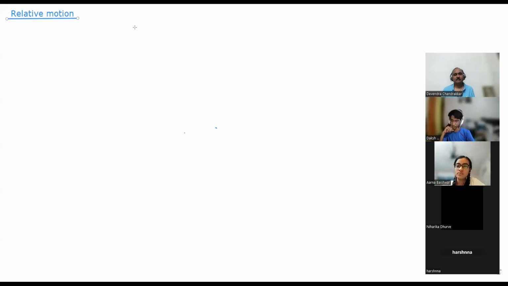We have already discussed this while discussing position vectors. If you remember, this is the xy plane, this is y axis, this is x axis. So we have an object here, we have an object here, right? And this is the reference point origin.